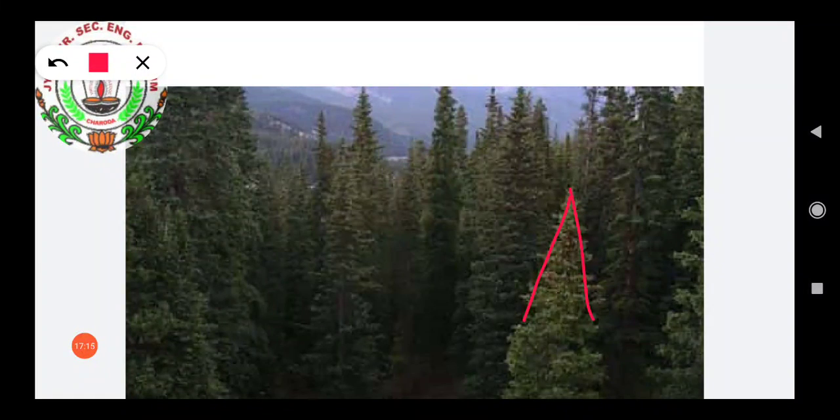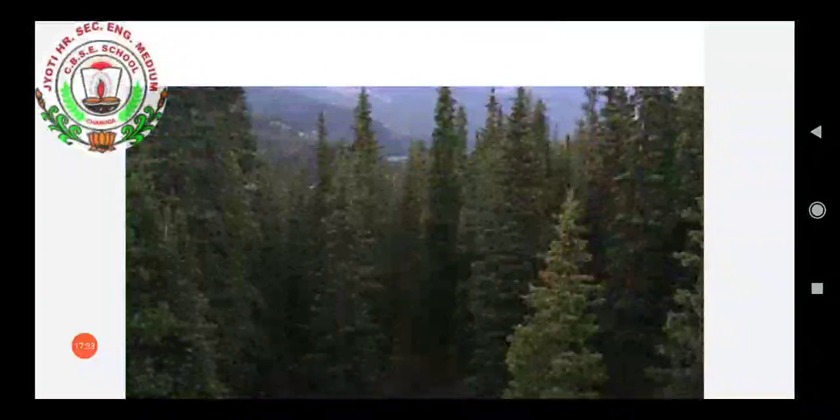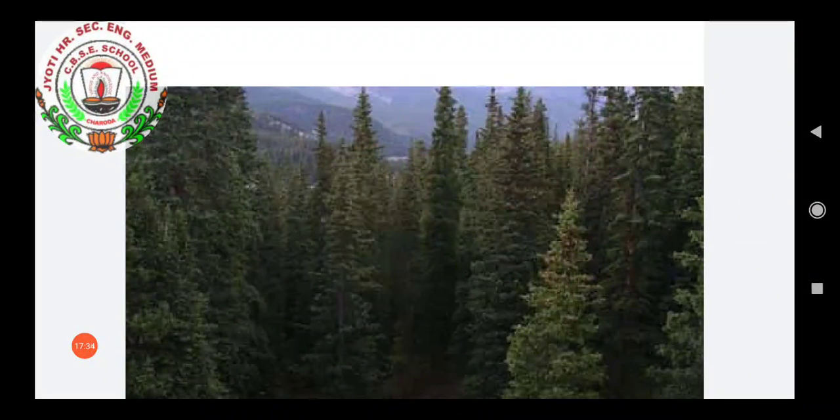See, likewise. So these shapes prevent snow accumulation during the winter season, and the leaves are thick, leathery and needle shaped, and this helps them to conserve moisture and check excessive transpiration.